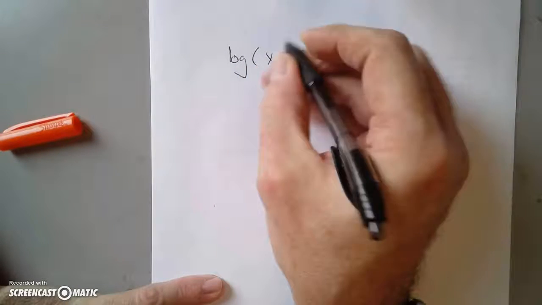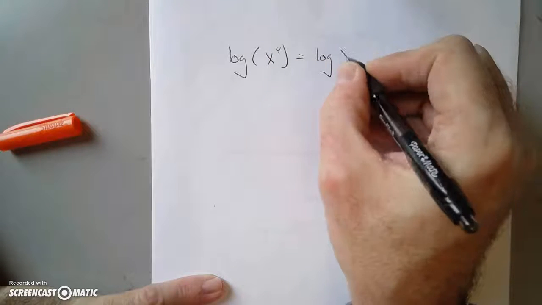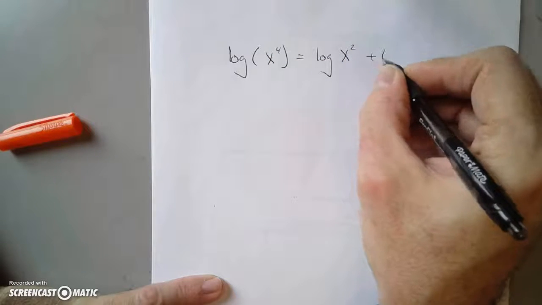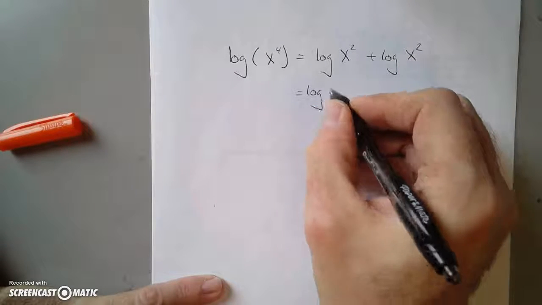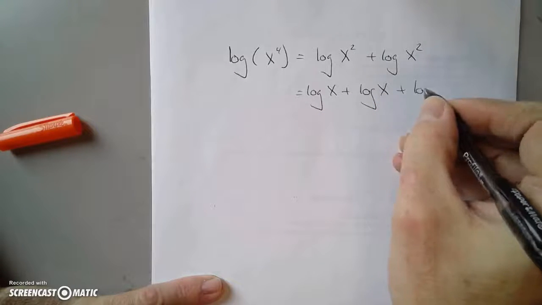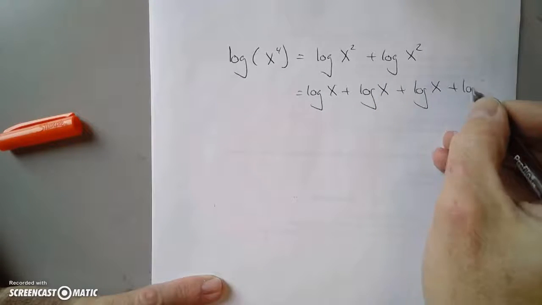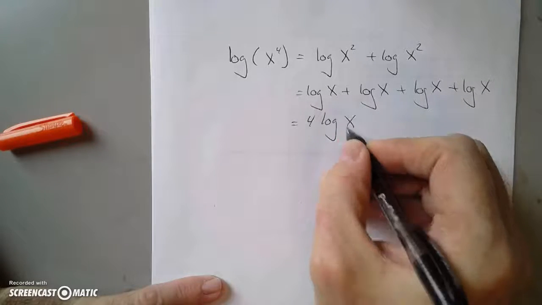If I had log of, say, x to the fourth, that's log of x squared plus log of x squared, which is log of x plus log of x plus log of x plus log of x, which is 4 log of x.